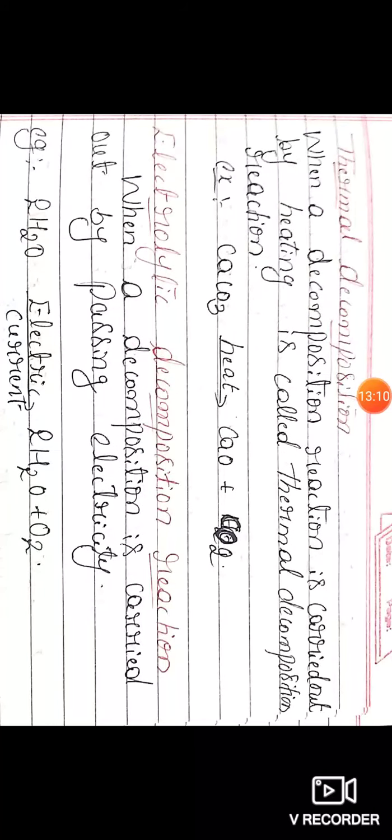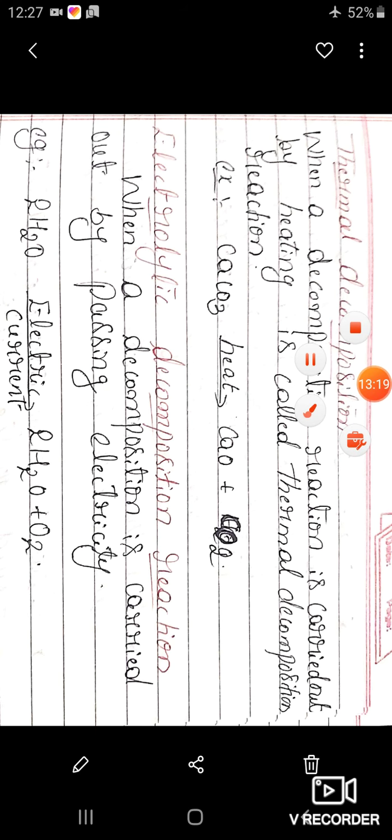And then types of decomposition reaction. There are 3 types: thermal decomposition reaction, electrolytic decomposition reaction, and photolytic decomposition reaction. Thermal decomposition: when a decomposition reaction is carried out by heating, it is called a thermal decomposition reaction.